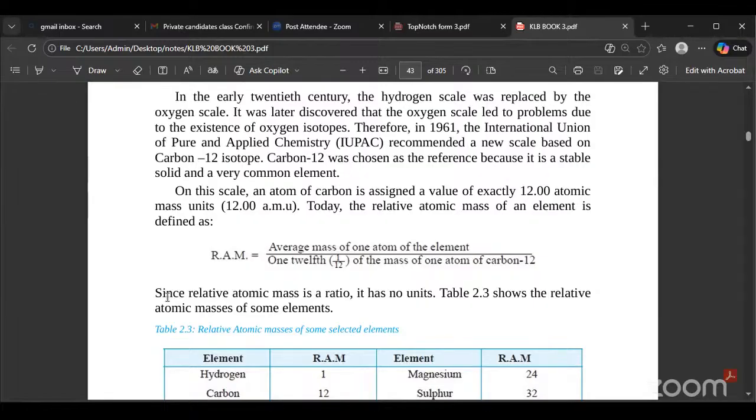But otherwise, huwezi pata imeandikwa, for example, let me just write that one for other people. Huwezi pata imeandikwa C is equal to 12 grams. Or Na, which is sodium, is equal to 23 grams. Haiandikwangi hivi grams. It is only written 12 or 23.